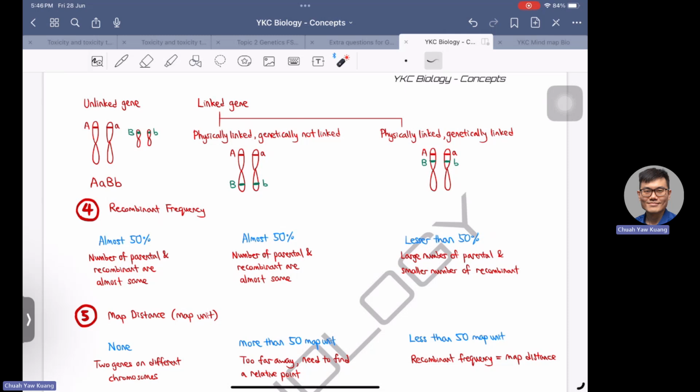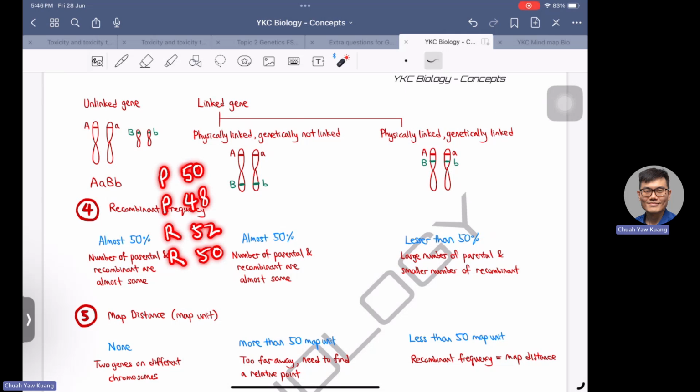It can be two types of parental and two types of recombinant. Maybe this one produces 50, this one 48, this one 52, and this one 50.